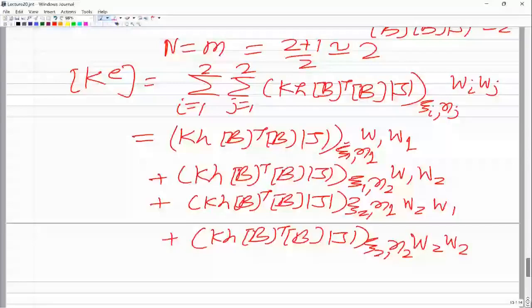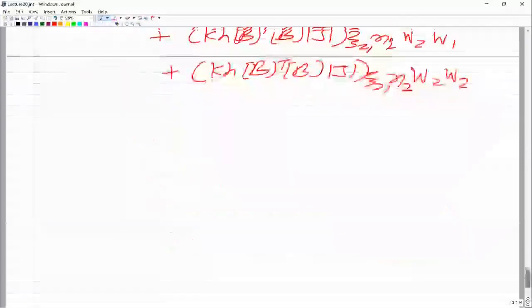Then again calculate the shape function derivatives at the next values of xi and eta, multiply and add to whatever you have already done, and you do this summation 4 times. So finally you get the element level stiffness matrix, and the same thing you could do for the element level load vector also.